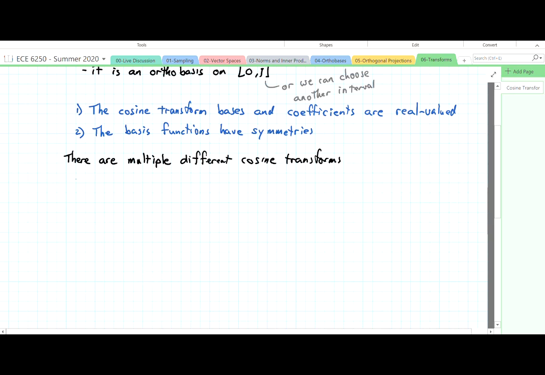So, for example, we have cosine 1, cosine 4 transform, and we'll talk about those.